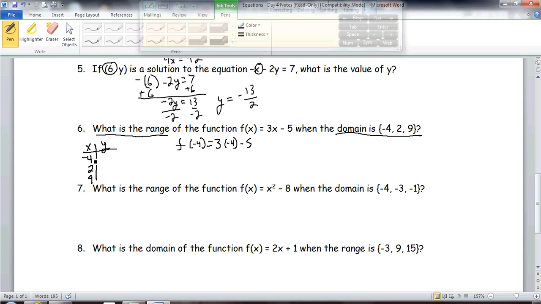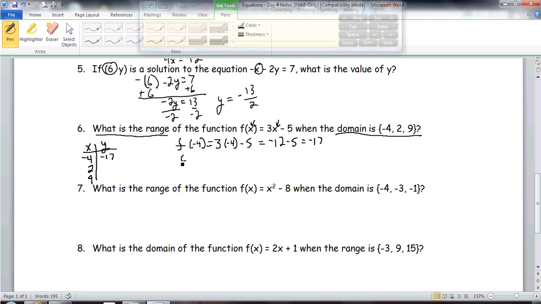So all I did is I plugged in the -4 in place of the x. So 3 times -4 is -12 minus 5, which equals -17. So I'd write -17 right there.